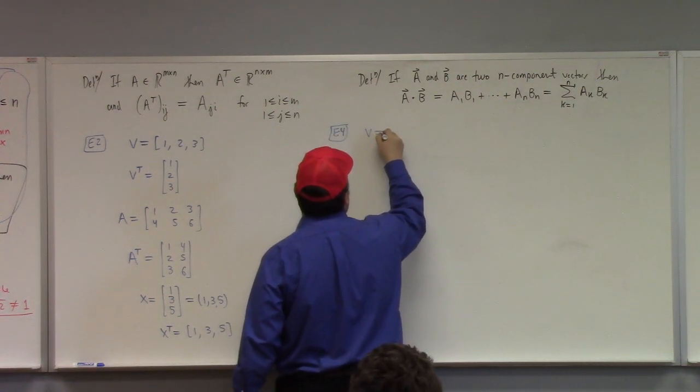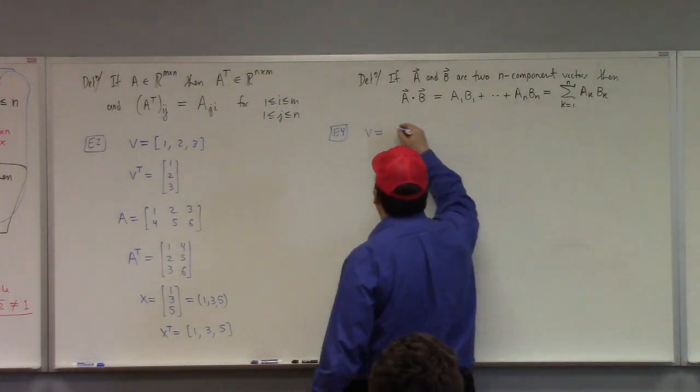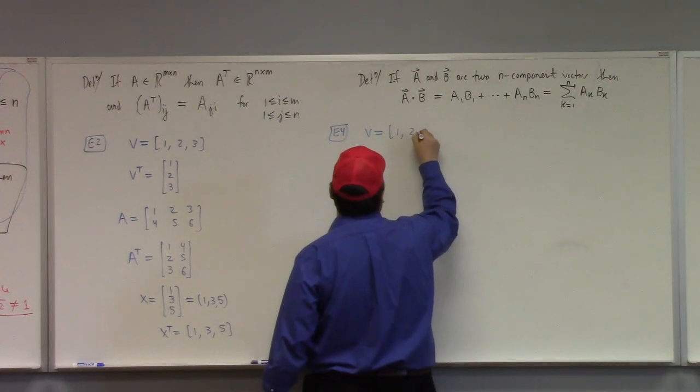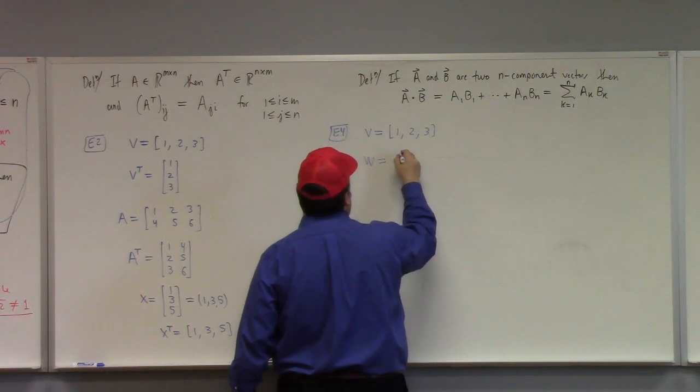Suppose V is the row 1, 2, 3, and W is the column vector -1, 0, 7.